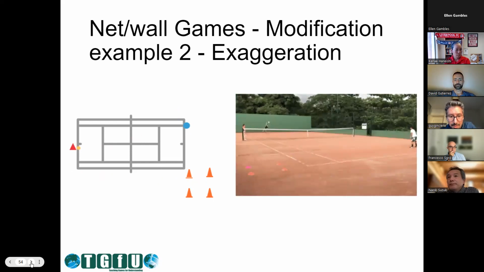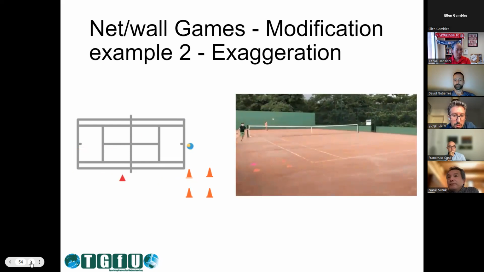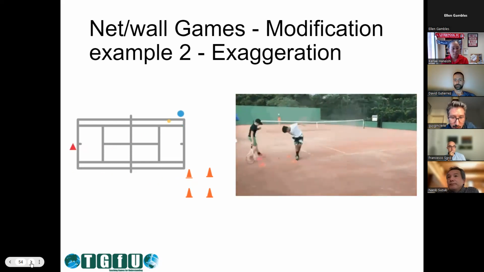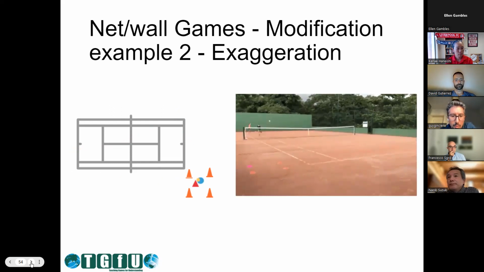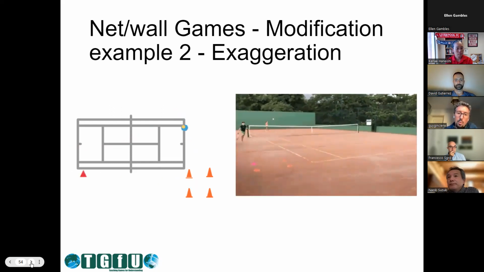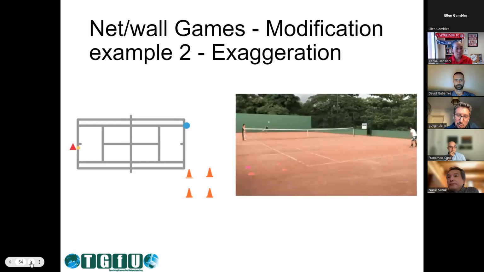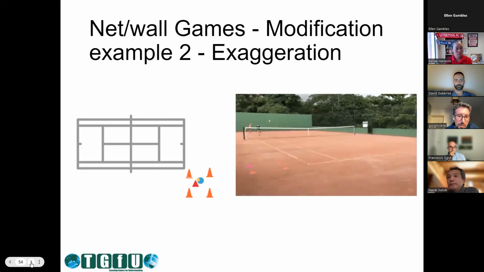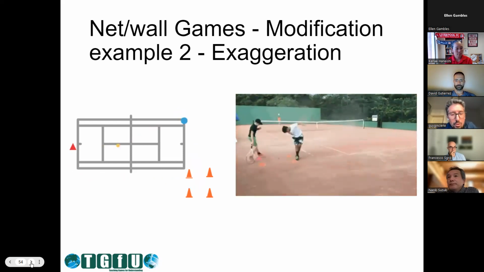After the service, the player should run to a zone on the court. The receiver, after catching the ball, should do the same thing. Whoever arrived first in the area won the point. With this, the server should serve in order to move the opponent out of the court and gain time to reach the zone.